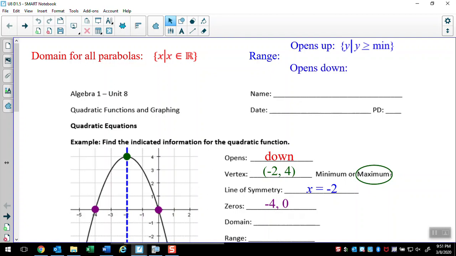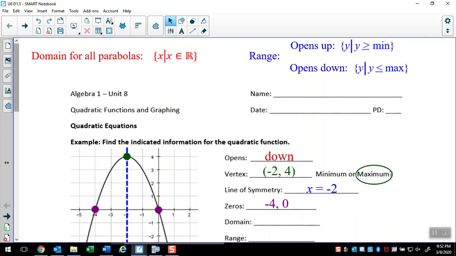If it opens down, my range is going to be y such that y is less than or equal to our maximum value, whatever the maximum y value is. And if you remember, our minimum and maximum are the vertex. So in both cases, we're using the y value of the vertex. The only thing that changes is that inequality symbol.